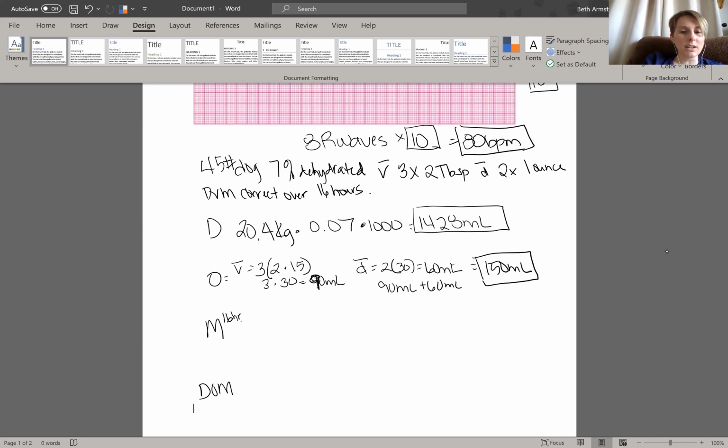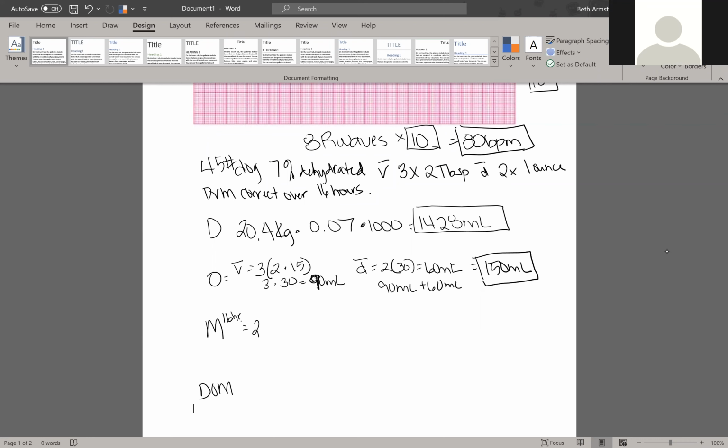So for our maintenance, we're going to do a little backtracking. So we'll do our maintenance all the way to hourly rate and then multiply by 16 to get how much we need for 16 hours, if that makes sense. So how do we figure out maintenance? Is it 60 mLs per kg for a dog? So that would be maintenance for surgery. Okay. 60 mL.